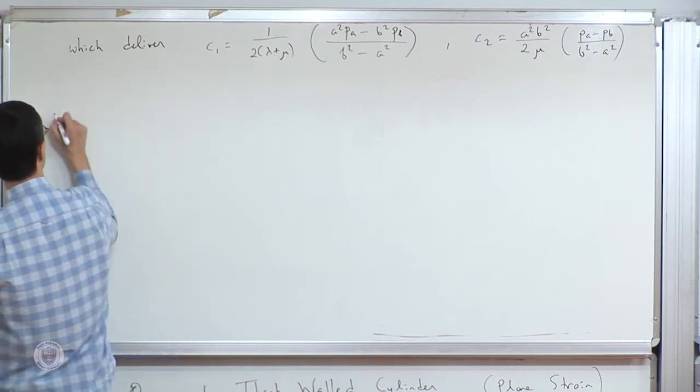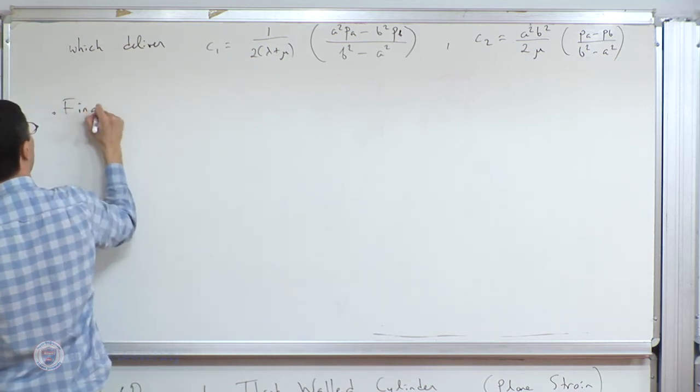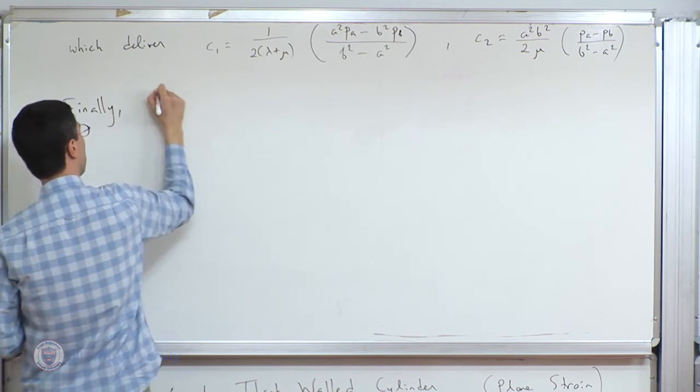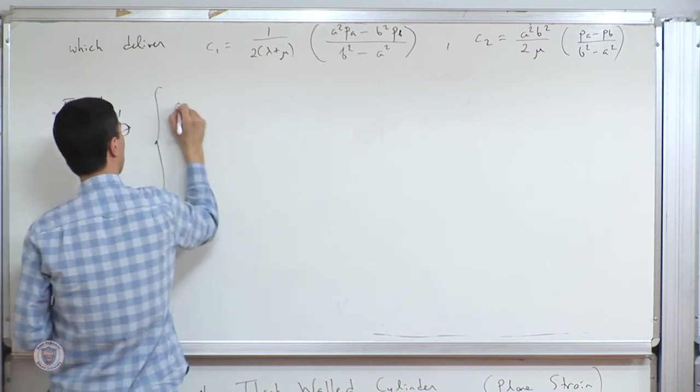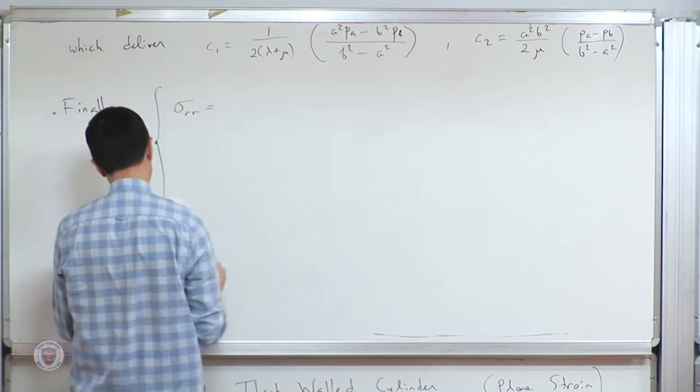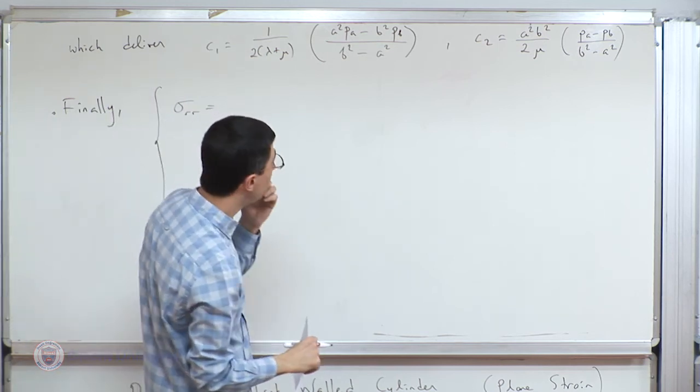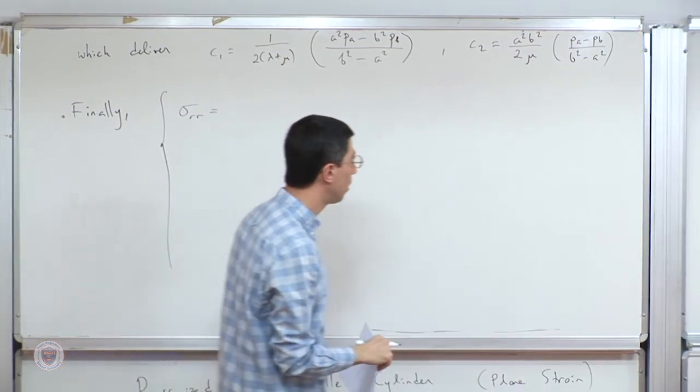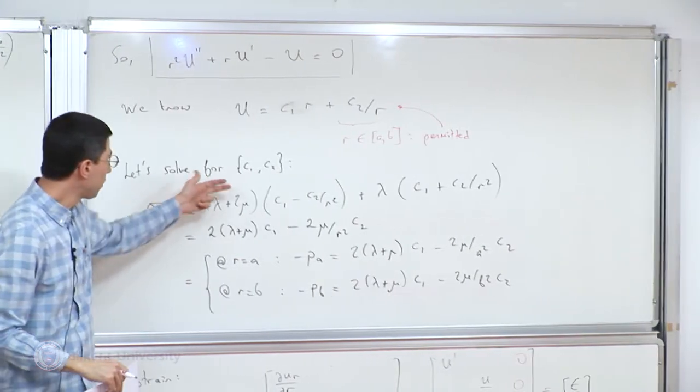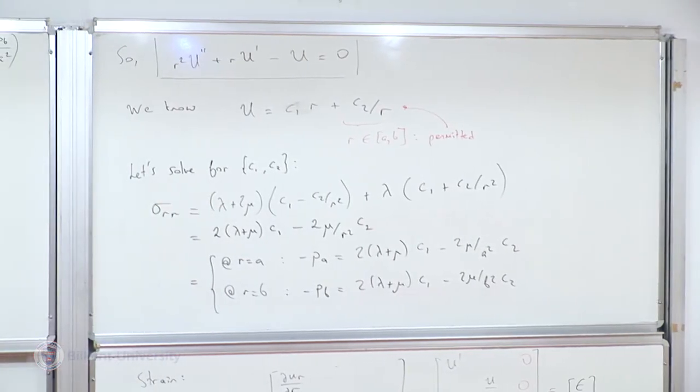Okay, so finally, I can also write down the stresses so we can discuss them a little bit. When I plug in the C1 and C2 values into our sigma rr, the material constants will disappear.